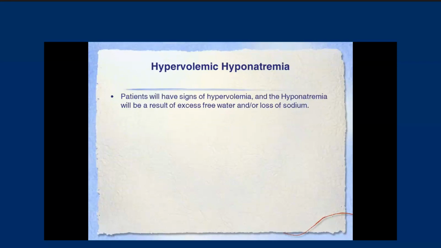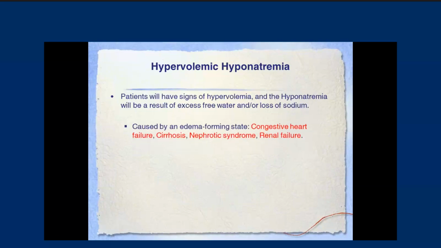The other type is hypervolemic hyponatremia. Patients with hypervolemic hyponatremia will have signs of hypervolemia and hyponatremia, mostly due to the excess free water, which will result in a net decrement of sodium concentration. And there may also be associated loss of sodium.